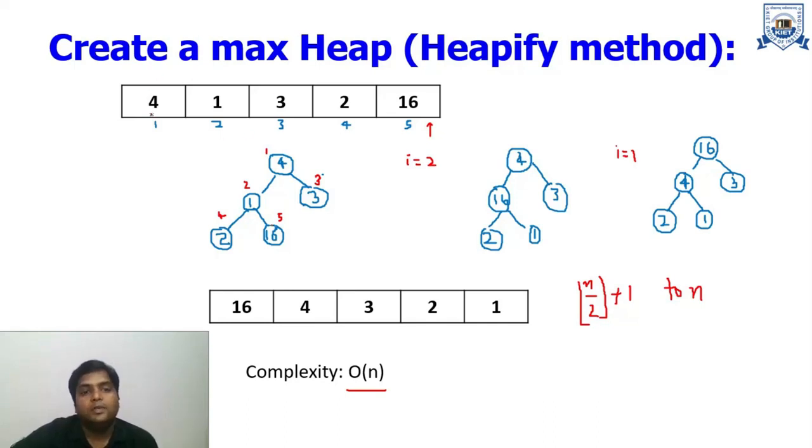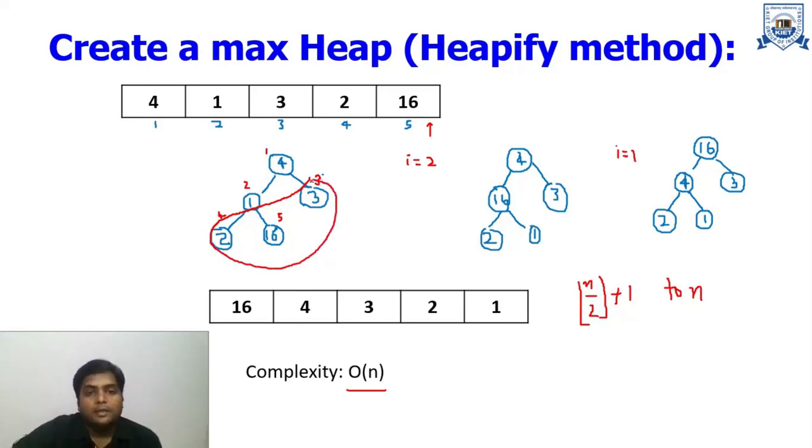In this particular case we have a total of 5 elements, so n is equal to 5. Floor of 5 by 2 is 2, and 2 plus 1 is 3. So from 3 to n, and n is 5, so from 3 to 5 these are our leaf nodes.